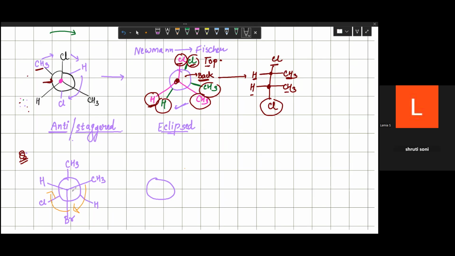But in this case, it is easier if we rotate the front carbon, where here is CH3. Is there any CH3 over here? Yes. So I shift this to this side, to the CH3 side, and let's suppose hydrogen nearby this chlorine, and then bromine to the nearby hydrogen.